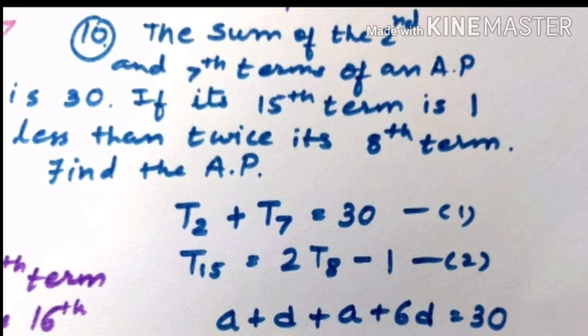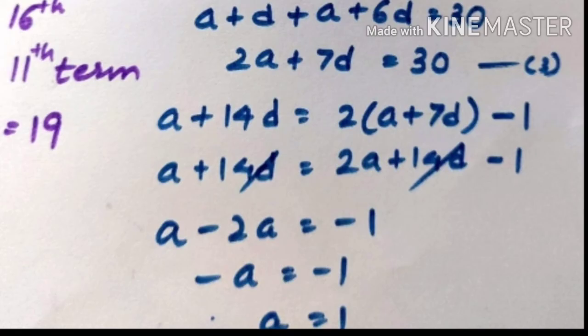So we write A plus D plus A plus 6D is equal to 30. Adding the like terms, A and A give 2A, and 6D and D give 7D. So 2A plus 7D is equal to 30, which is our equation number 3.